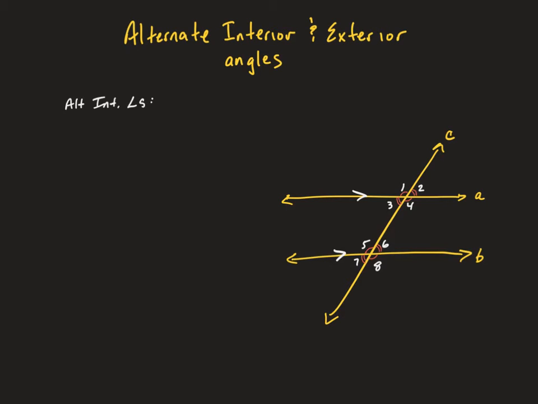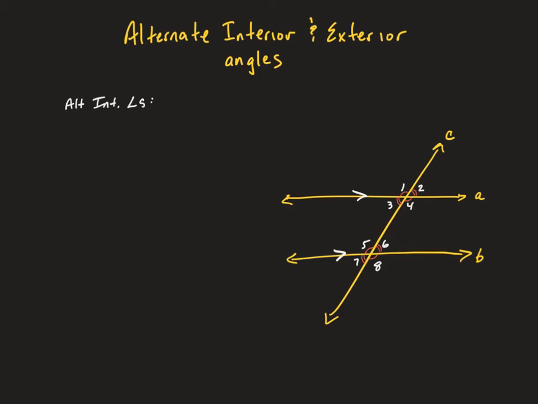If a transversal intersects two parallel lines, then the resulting alternate interior angles are congruent. These are my interior angles because they're inside the parallels, right?